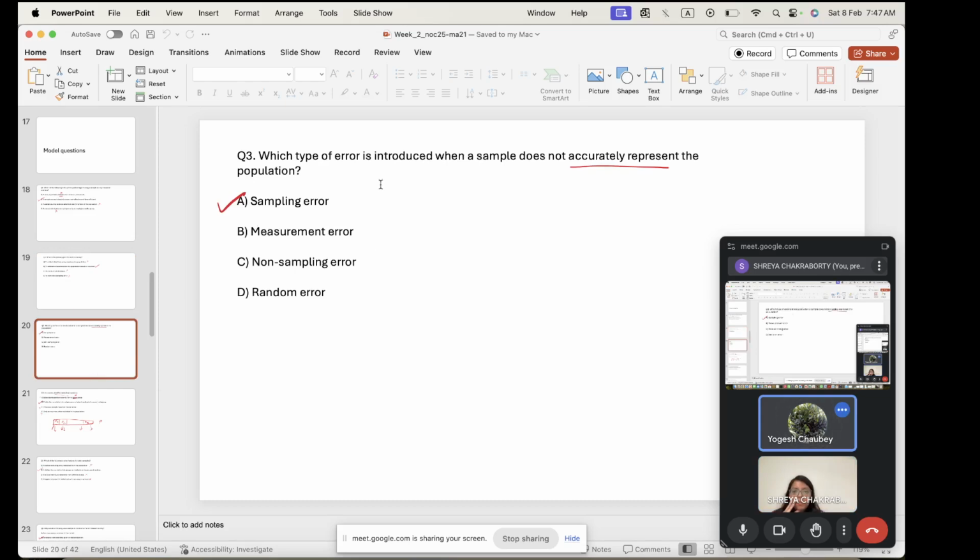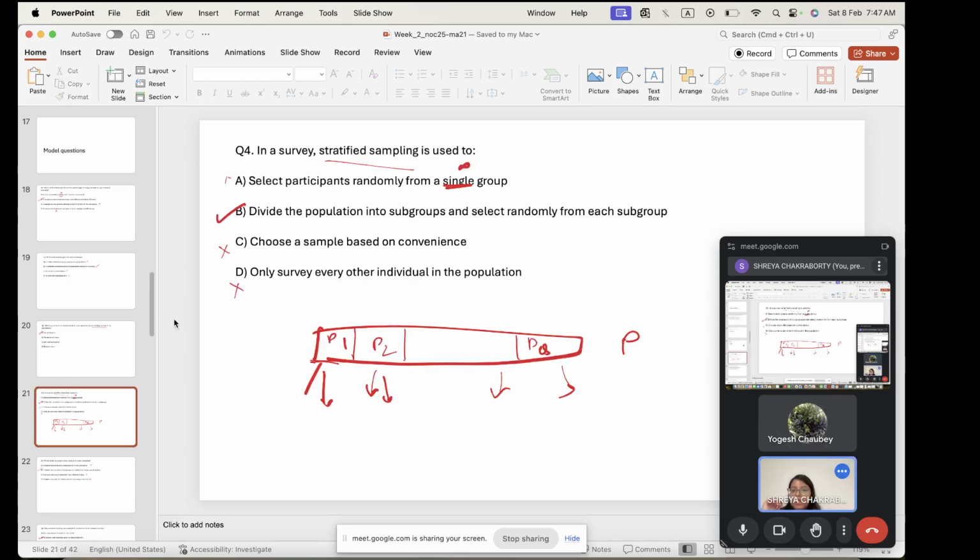Okay, which type of error is introduced when a sample does not accurately represent the population? It is sampling error. So for that question of yours, if we sample all the people visiting the mall, that will result in larger sampling errors.